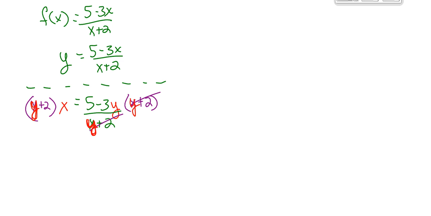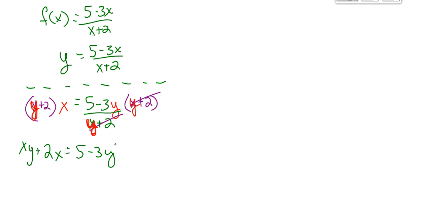So moving along, now that I corrected my little error there, I'm going to distribute on the left-hand side. So this is going to be xy plus 2x equals, and then it's just going to be 5 minus 3y. So remember, my goal is to get that y alone.